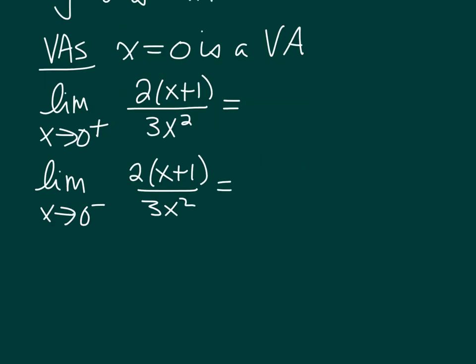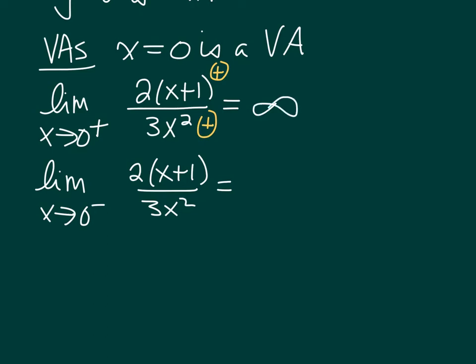So when I'm looking at the limit as x tends to 0 from the right, I do know that this is going to tend to plus or minus infinity, and I just need to determine the sign. Now, on the numerator, as x is tending to 0 from the right, this is going to be positive, and on the denominator, it's also going to be positive. So I know that this limit is positive infinity.